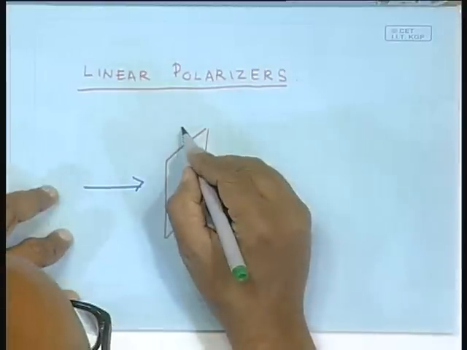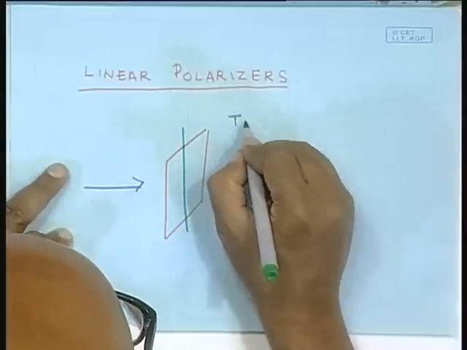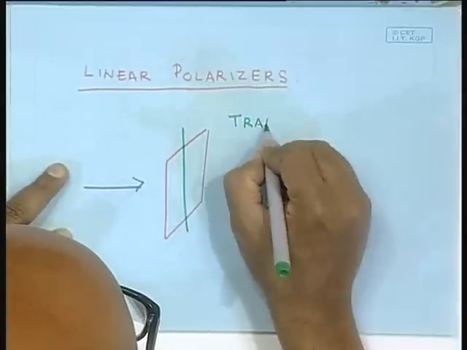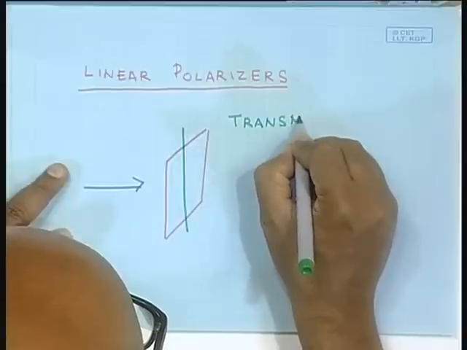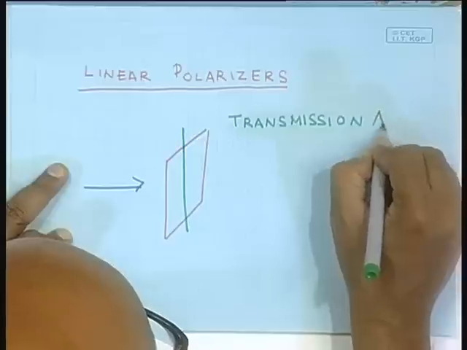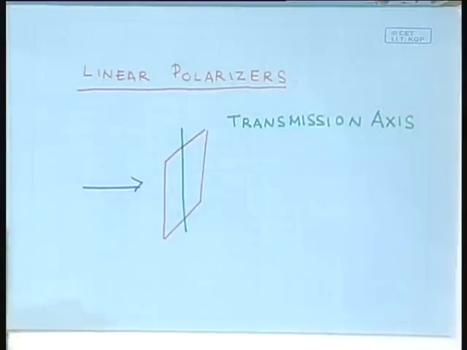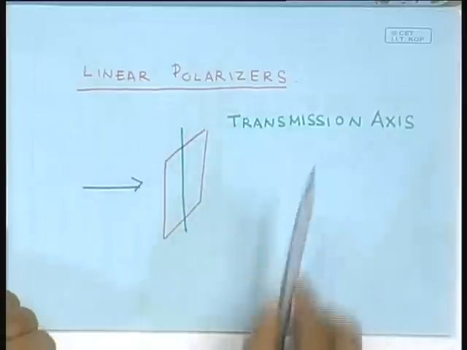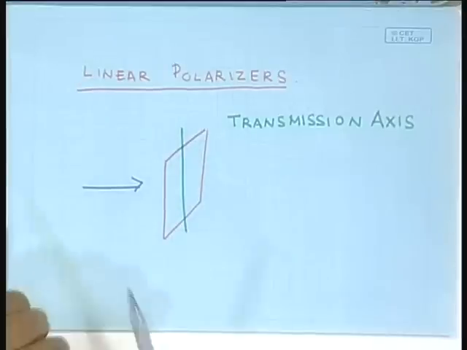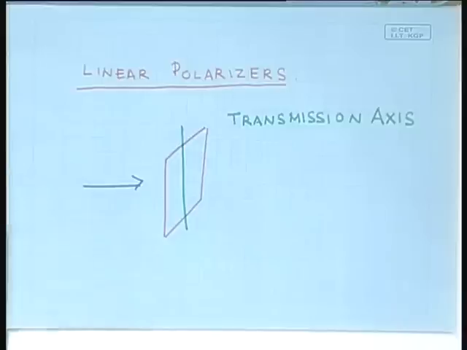There is one axis over here called the transmission axis, and the linear polarizer has the property that it will allow only the component of the electric field parallel to the transmission axis to pass through.